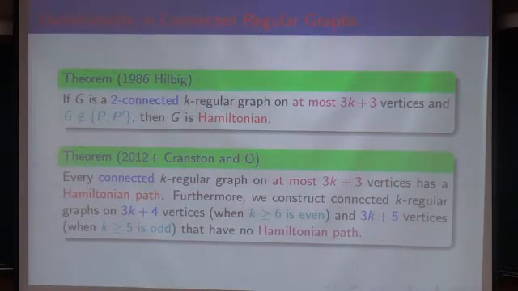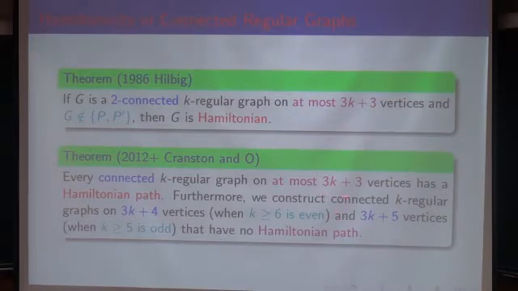Can you guess what the numbers are? When k is equal to 4, if you plug that in, we get 15. Then is there a 16-vertex connected 4-regular graph without a Hamiltonian path? I do not believe so.